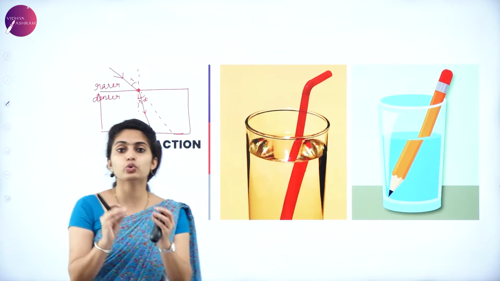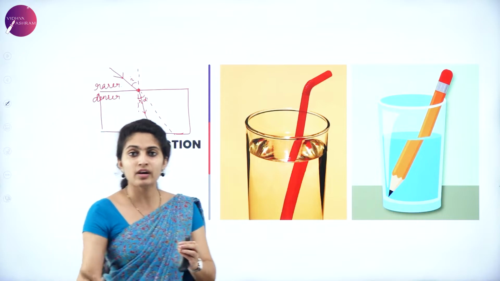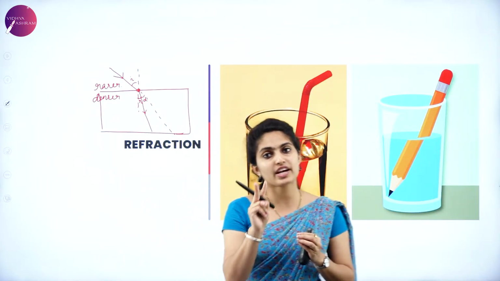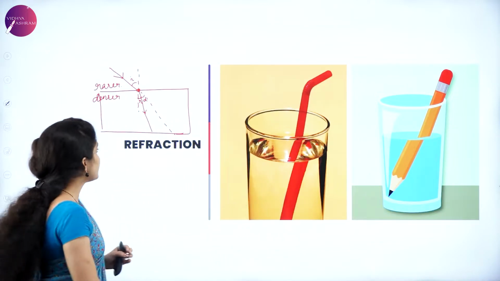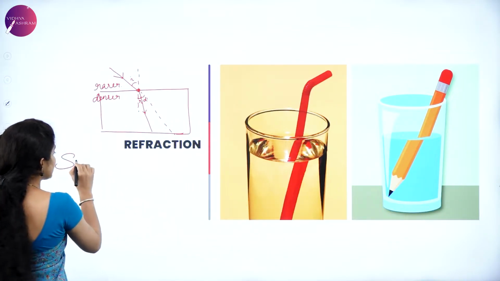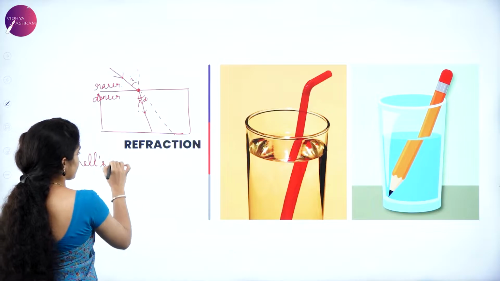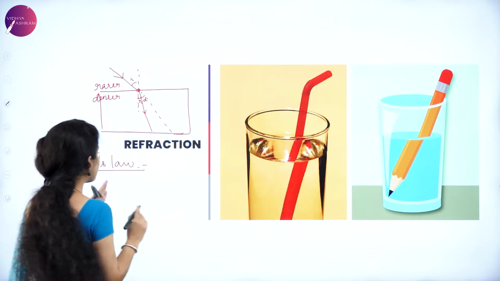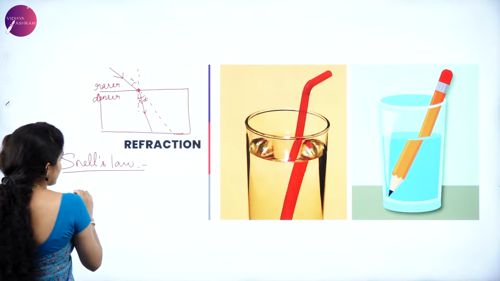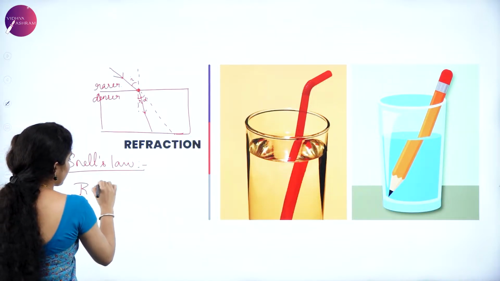So how do you give Snell's law? Remember, the second law of refraction is nothing but Snell's law. So what is Snell's law? Snell's law is all about the refractive index.